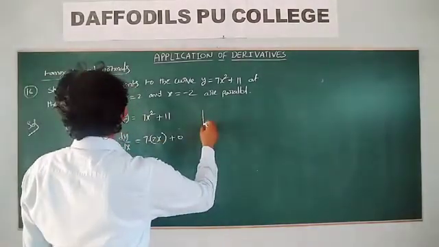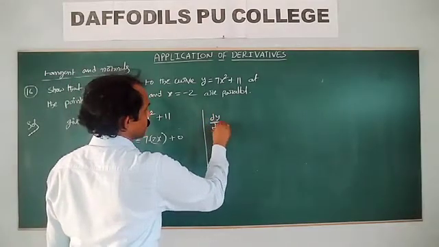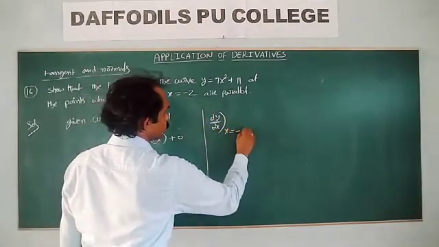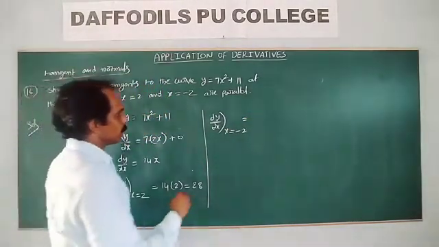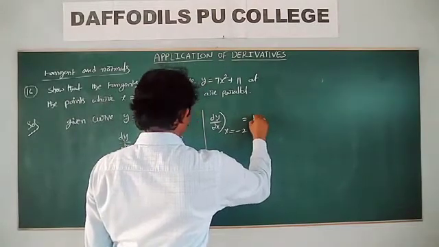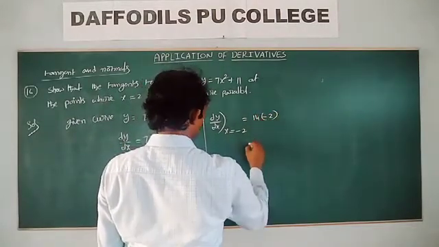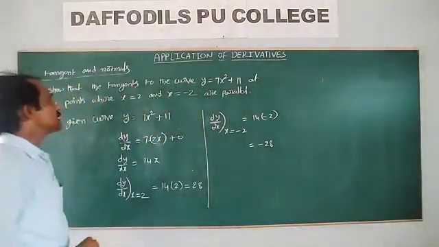And next, dy by dx at the point x is equal to minus 2. What is this value? 14 into minus 2, therefore this is minus 28.